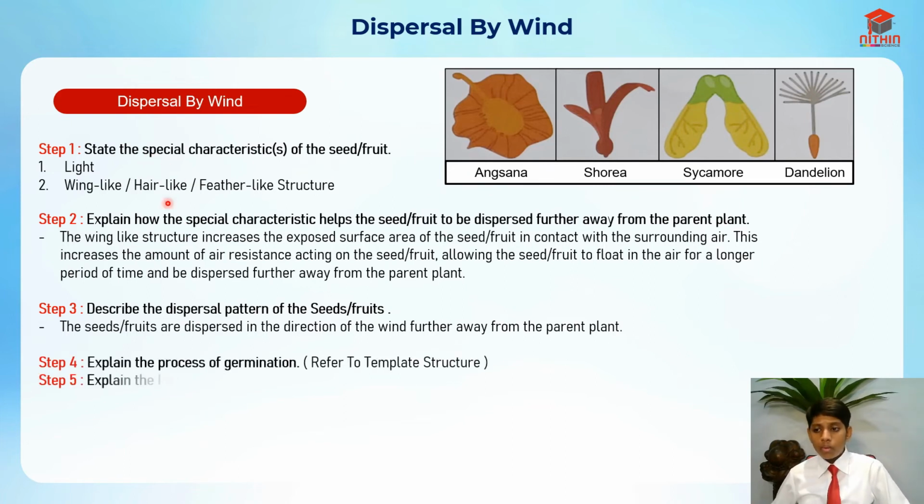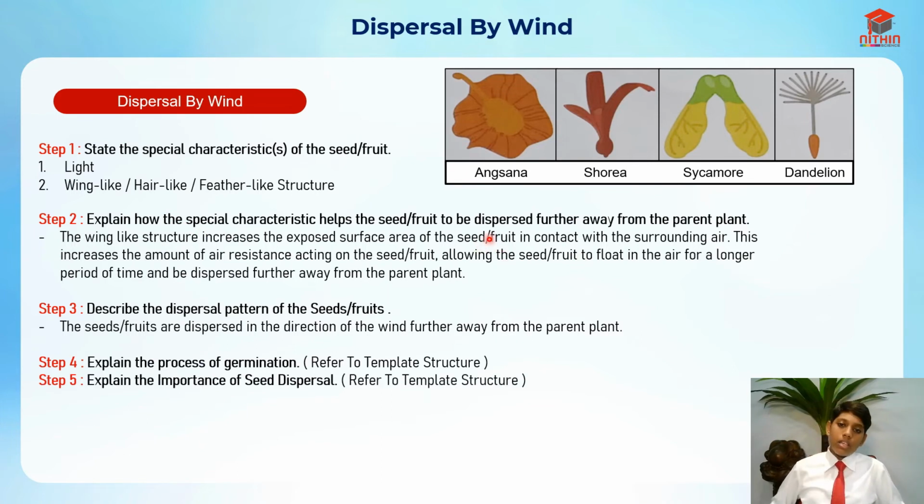Next, for step 2, we must explain how the special characteristics help the seed or fruit to be dispersed further away from the parent plant. The wing-like structure increases the exposed surface area of the seed or fruit in contact with the surrounding air, and this increases the amount of air resistance acting on the seed.